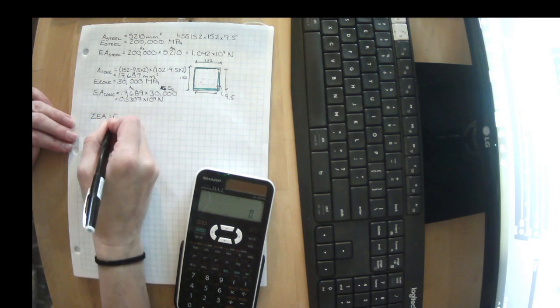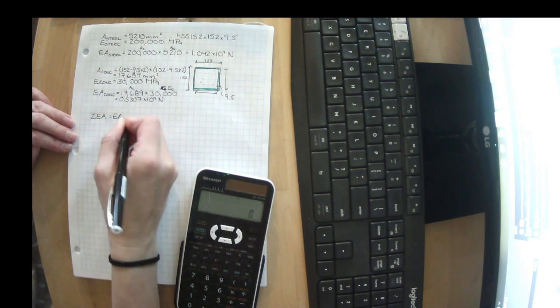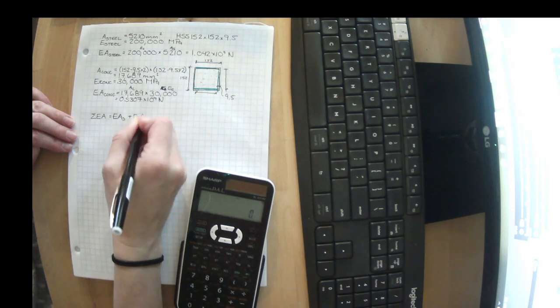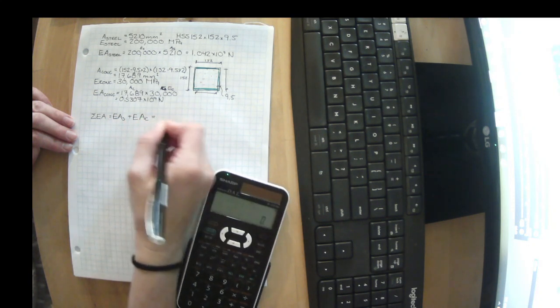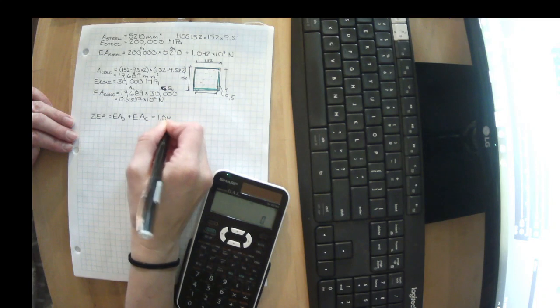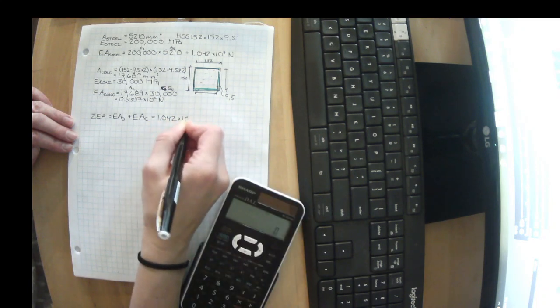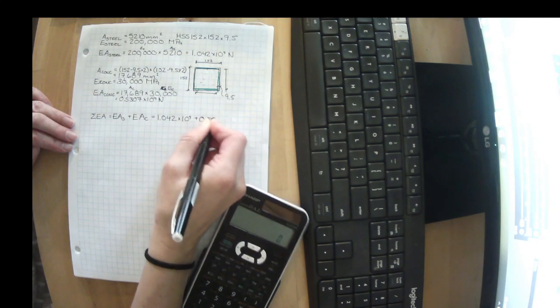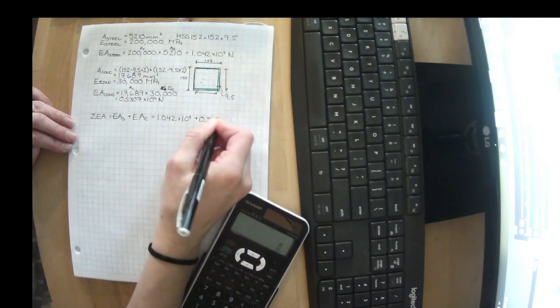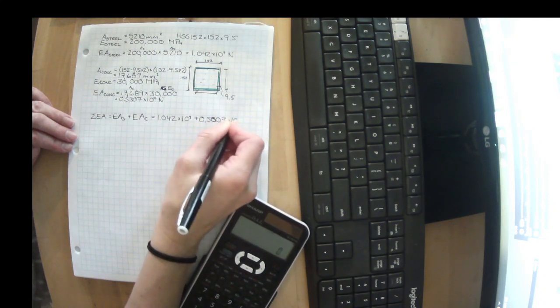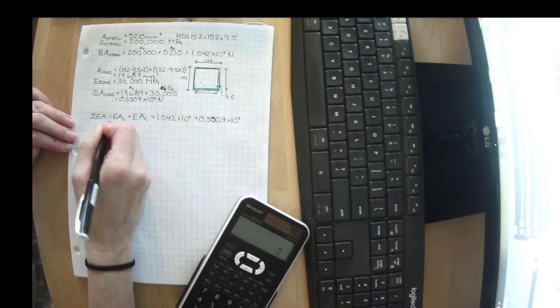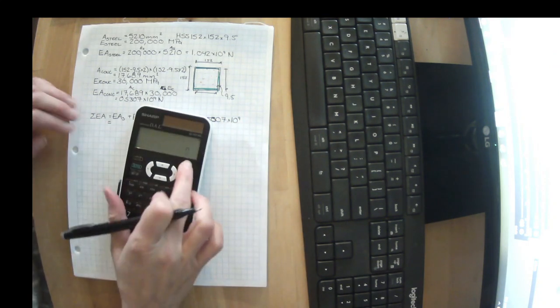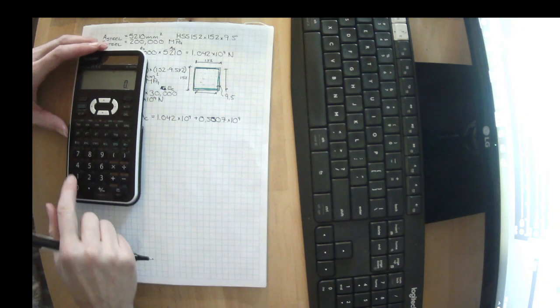That's going to be the EA of steel plus the EA of concrete, or 1.042 times 10 to the 9 plus 0.5307 times 10 to the 9.